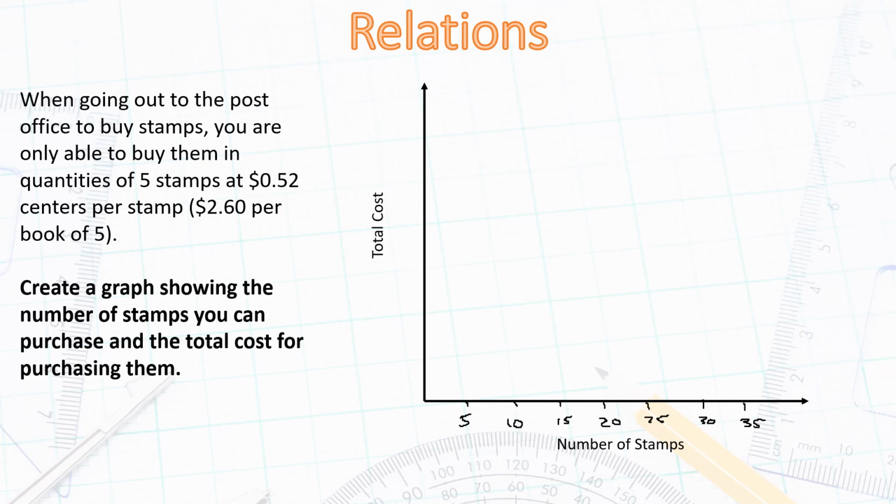So if we buy 5 stamps, it's going to cost us $2.60, because it's 52 cents per stamp, $2.60 for a book of 5.